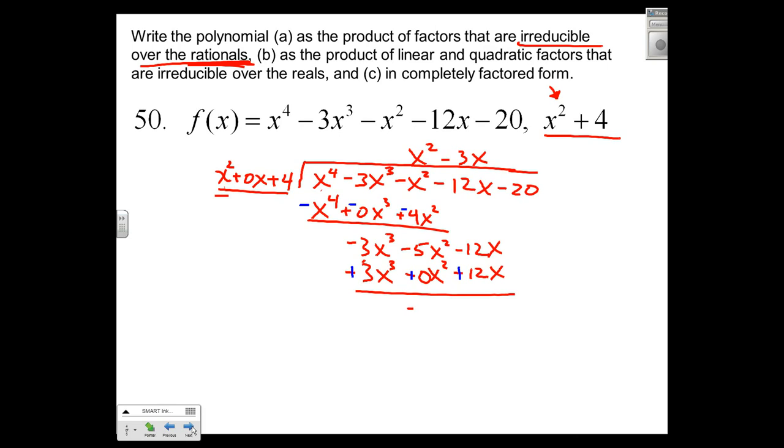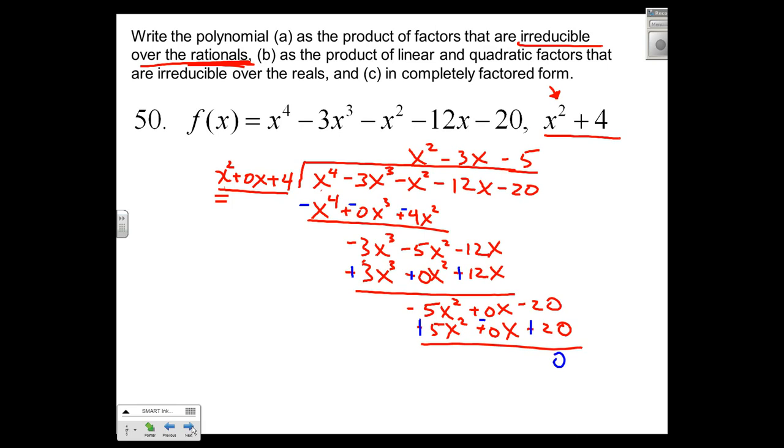I get negative 5x squared plus 0x, bring down a minus 20, and I see that x squared goes into negative 5x squared minus 5 times. Minus 5x squared plus 0x, and minus 5 times 4, minus 20. But of course, we're going to subtract this, so plus, minus, plus, and we end up with 0, as we expected.